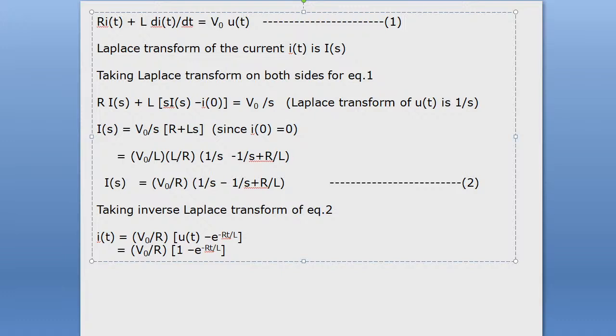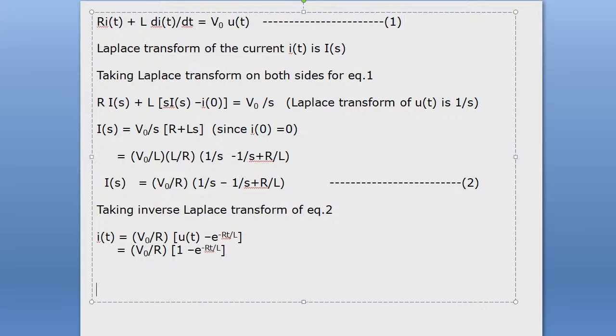So I suggest all of you to calculate the response, I mean I(t), for the same RL circuit in the presence of an impulse excitation or input. Now Saiba and everyone else, calculate the impulse response for the same circuit.